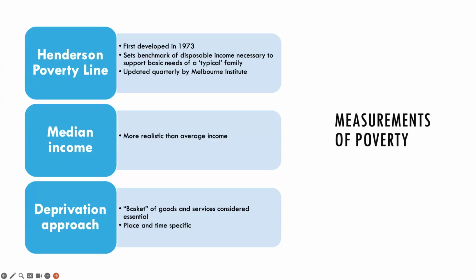And then we also have the concept of the deprivation approach, which looks at poverty by assessing what goods and services are essential and estimates the income required to access them, again considering place and time specifically among people.